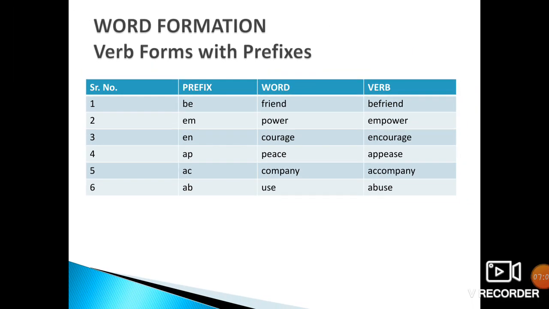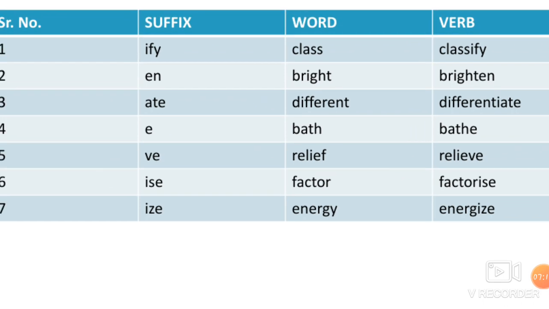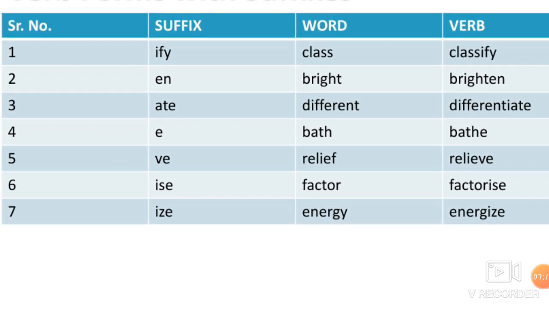Let's see the next slide. Verb formation, where verb forms are with suffixes. Suffixes, as you know, are the parts which are added after the root word. 7 examples are in front of you in this table form. First is class, classify. Bright, brighten. Different, differentiate.